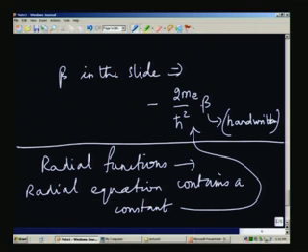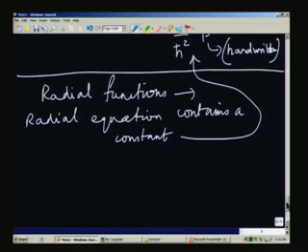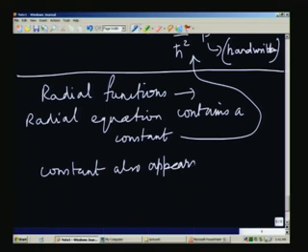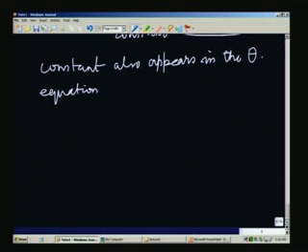This constant is of course related to the theta equation, and the constant also appears in the theta equation. If we look at the solution for the theta phi equation.